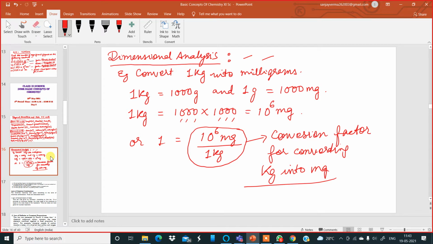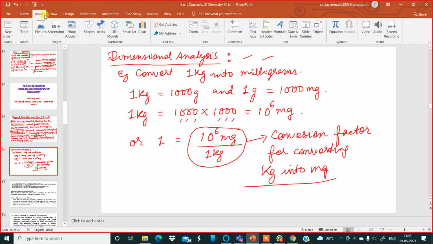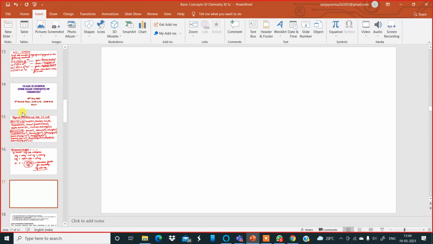Now I will give you one work for you all just now, one question for you all to solve. Write down the question: convert 25 inches into centimeter.